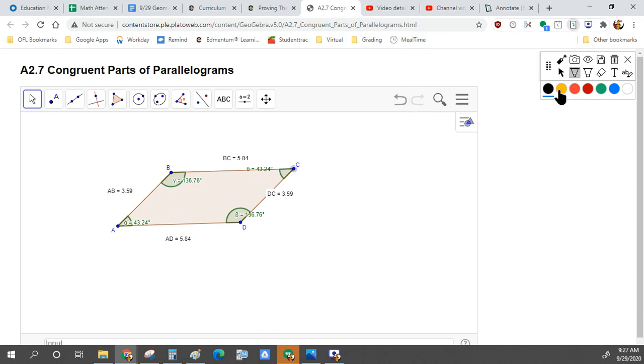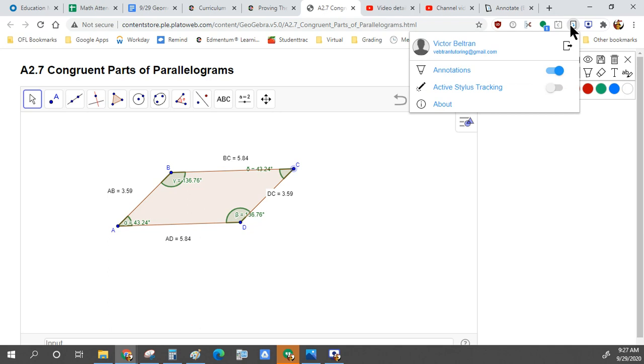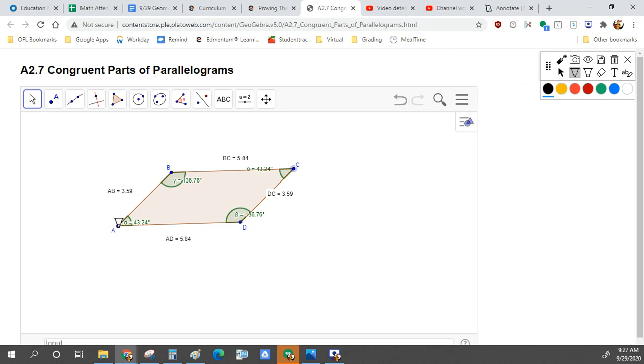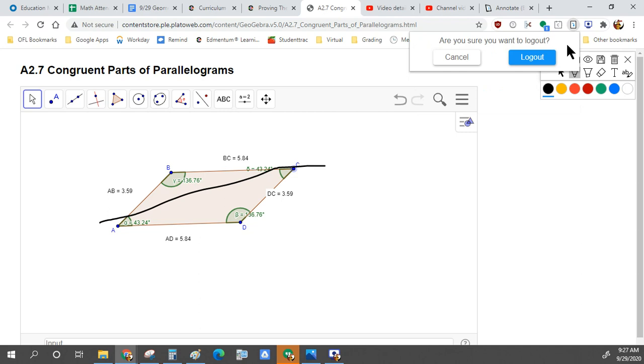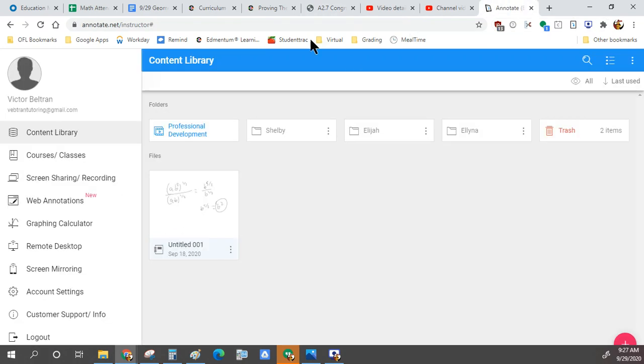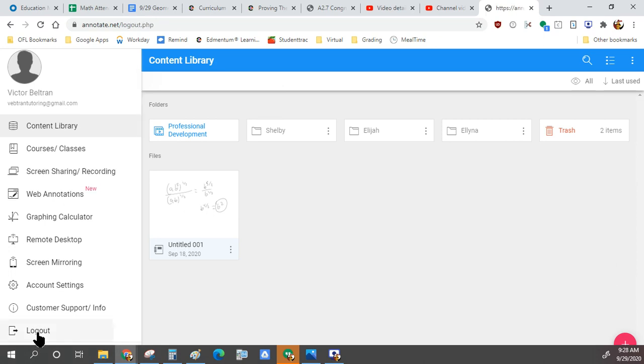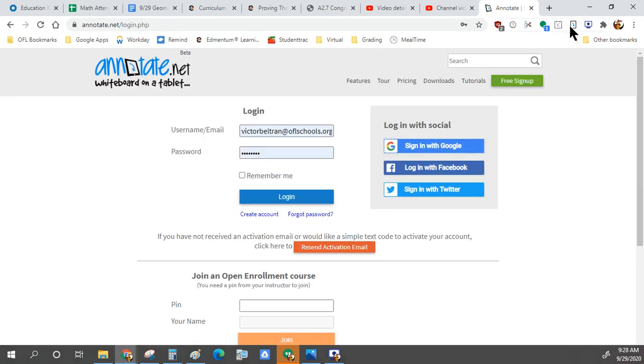It's probably not going to work until I reset the computer, which is going to be terrible. All right, let's see if it works with the mouse. And it doesn't even work with the mouse either. Give me a second, guys. This is going to bug me. If you guys have ever taken a class with me, I think right now Isaac, Alonzo, and Rebecca, you know that I am always at war with the smartboard, and now it looks like I'm going to be at war with Annotate.